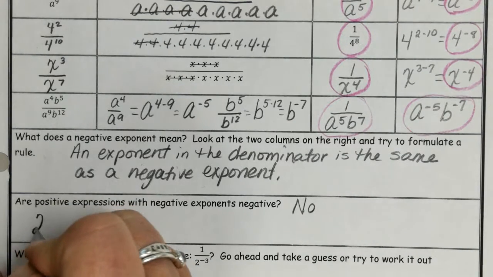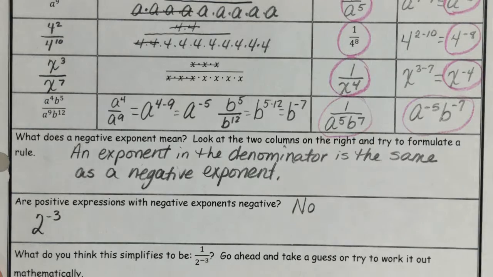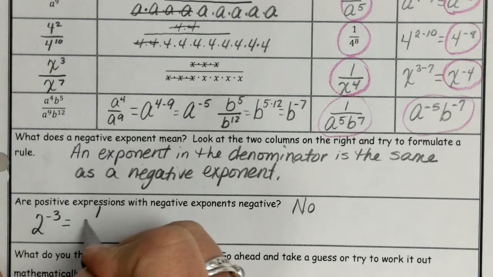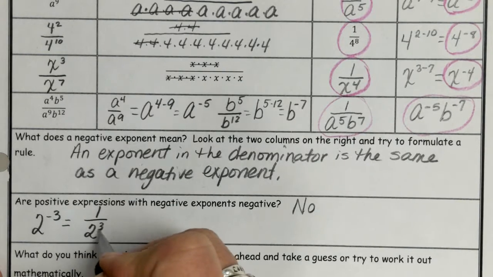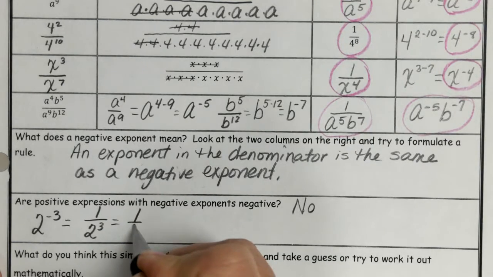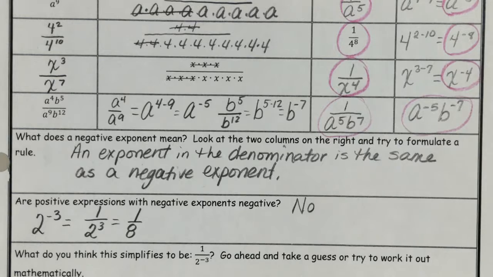If I have 2 to the negative 3rd power, that's positive. The 2 is positive, right? So if I were to solve this using my rule that says I can put it in the denominator, and that makes that 3 a positive 3, then if I simplify that, that would be equal to 1/8. 1/8 is positive, isn't it?